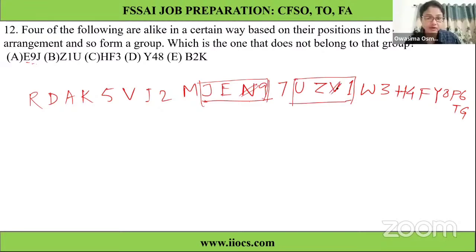Let's check. They are eliminating this. Next H4F3. In this one they are eliminating 4, and Y48.